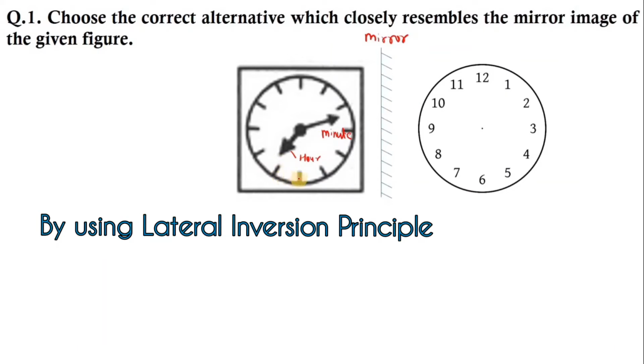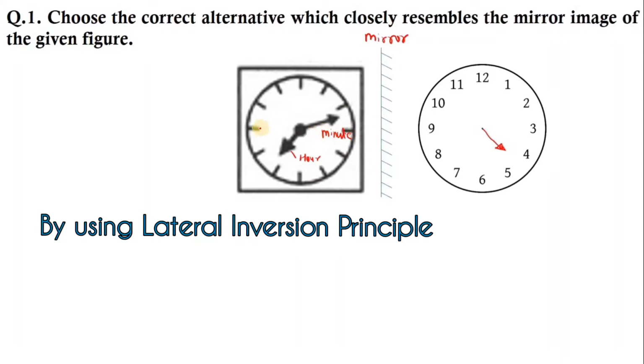Now you can see here this is 12, 3, 6, 9, again 12. The reflection will be perpendicular to the direction. So here the hour hand will be at this position, in between 4 and 5, and the minute hand we get in between 2 and 3.